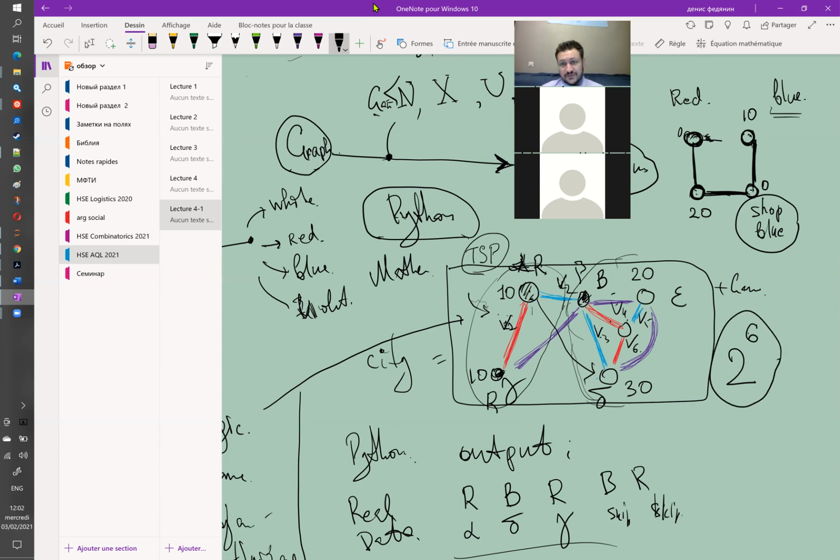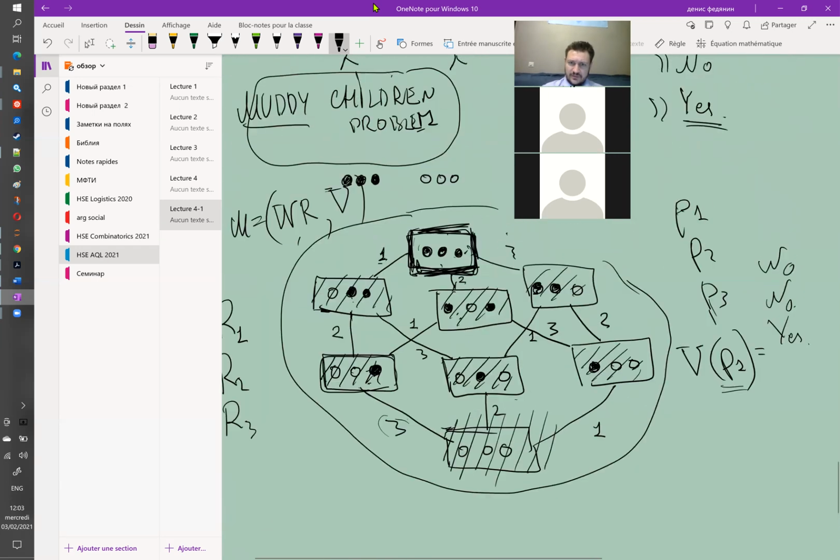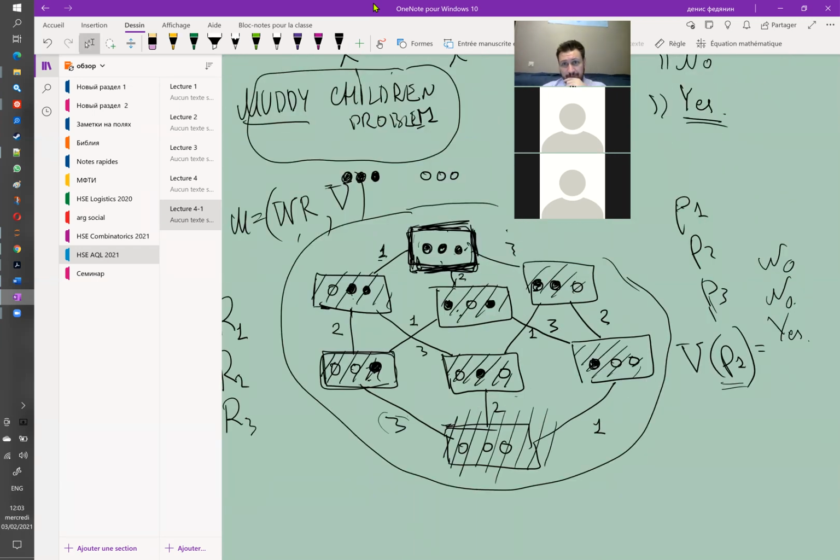For this specific case, we will have 2 to the power of 6 possible worlds, and we can connect them using the information of this coloring. And then we can proceed with a very similar algorithm as we did here.